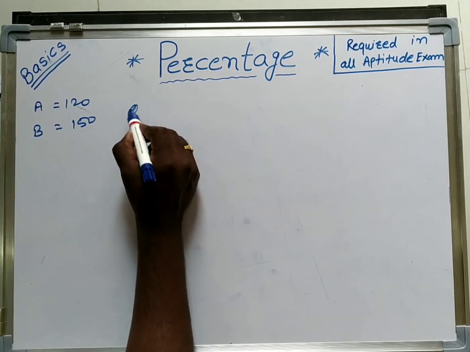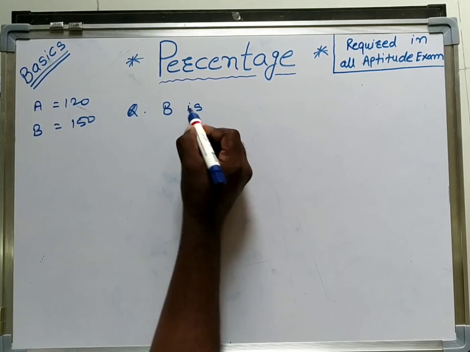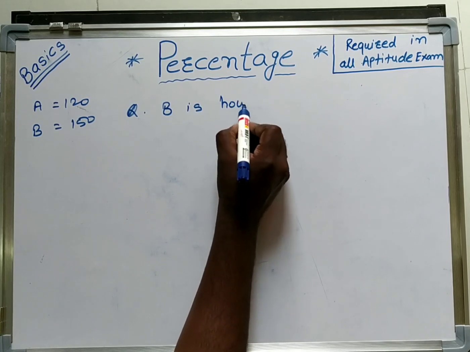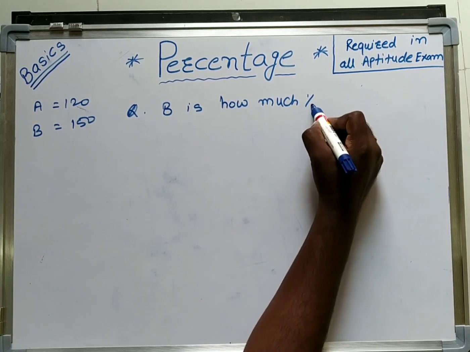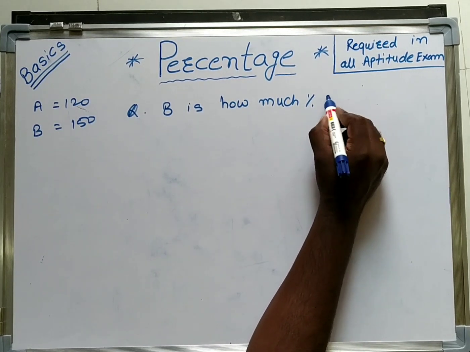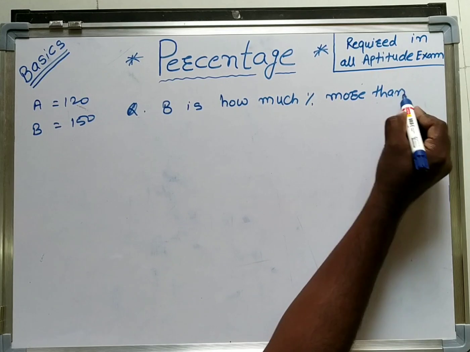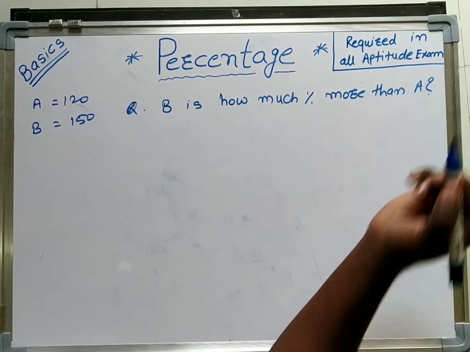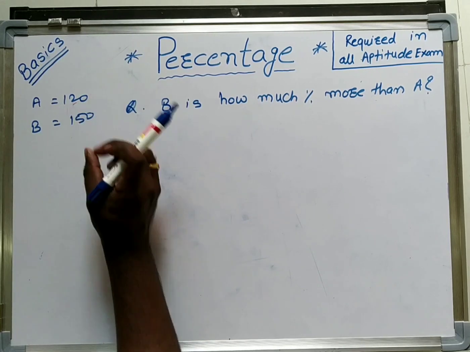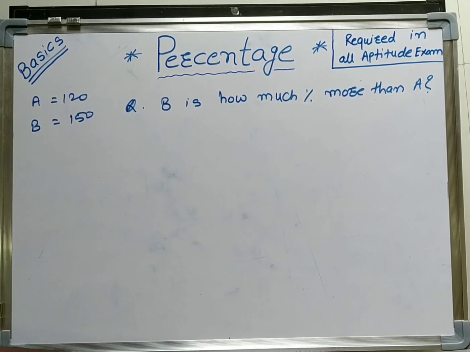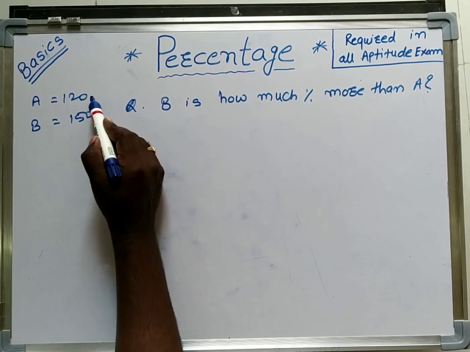Now the next question: B is how much percent more than A? The value of B is higher as compared to A.